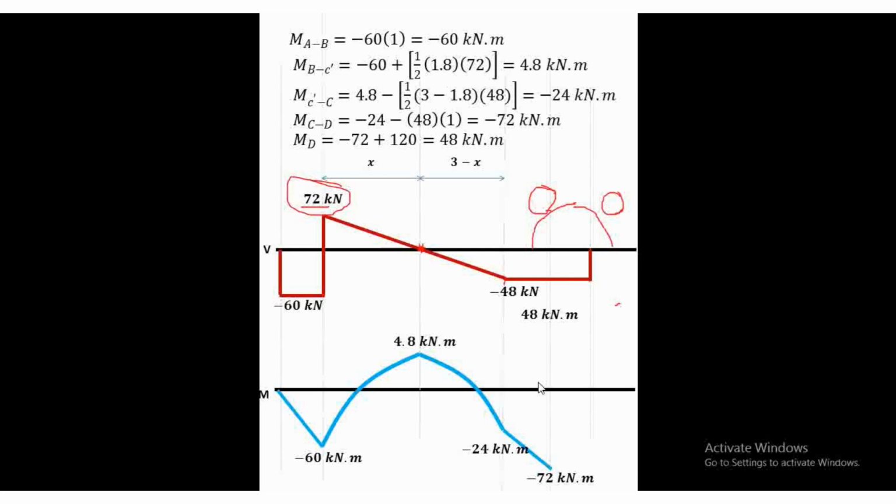Pag clockwise kasi positive natin, so pataas lang siya, magdodrawing na ako ng straight line. Again, from D to E, nag-end ako kay 48. I'll start with 48. And this is again a rectangle. Since nasa baba siya, minus 48 times 1. So, ang moment ko now kay D to E is 0.